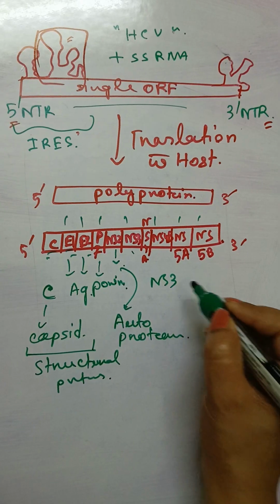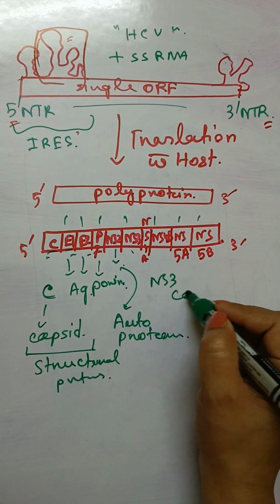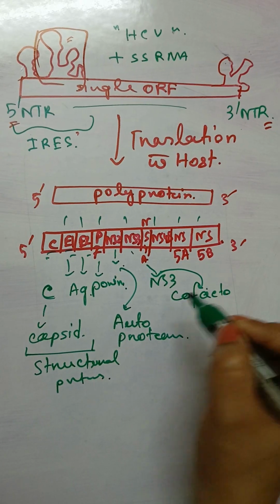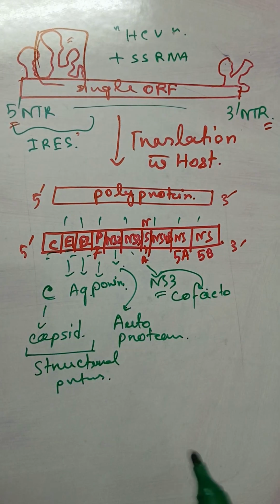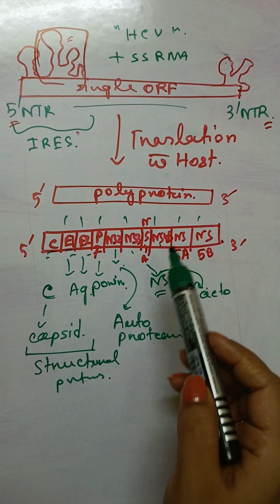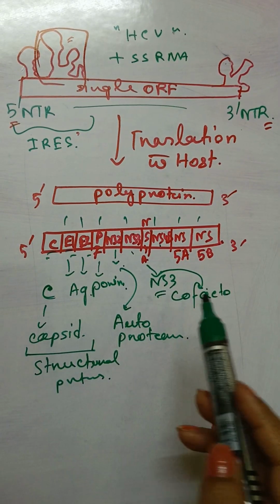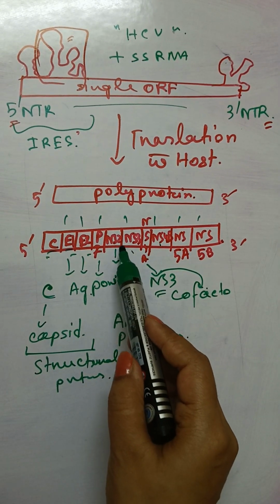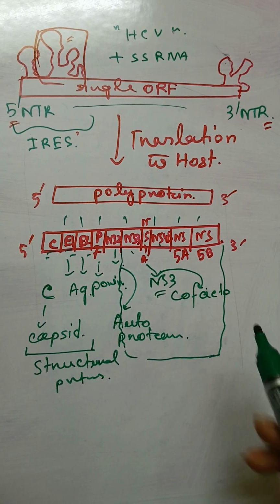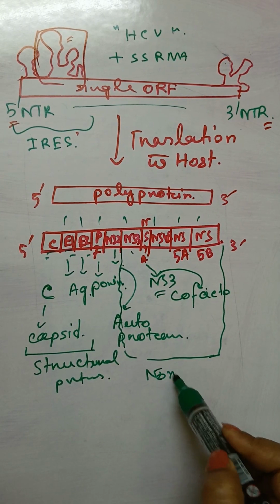NS4A is a cofactor which will bind to this after post-translational modification. And NS4B, then NS5A, 5B, all from NS3 to NS5B, they are the non-structural proteins.